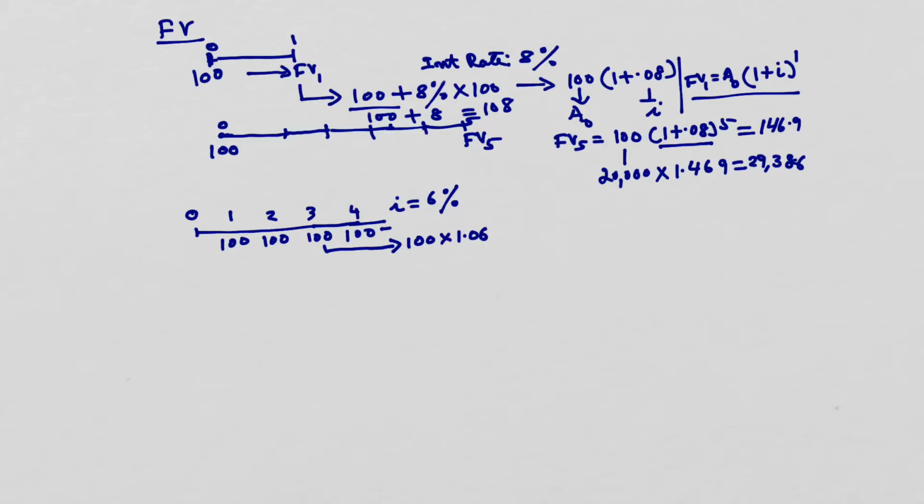Here, the last one remains 100 only, but if you want to show it, it's 1.06 raised to 0, which means 1. Now, this other amount grows for 2 years, and therefore your formula is 1.06 raised to 2. This grows for 3 years, and your formula is 1.06 raised to 3.